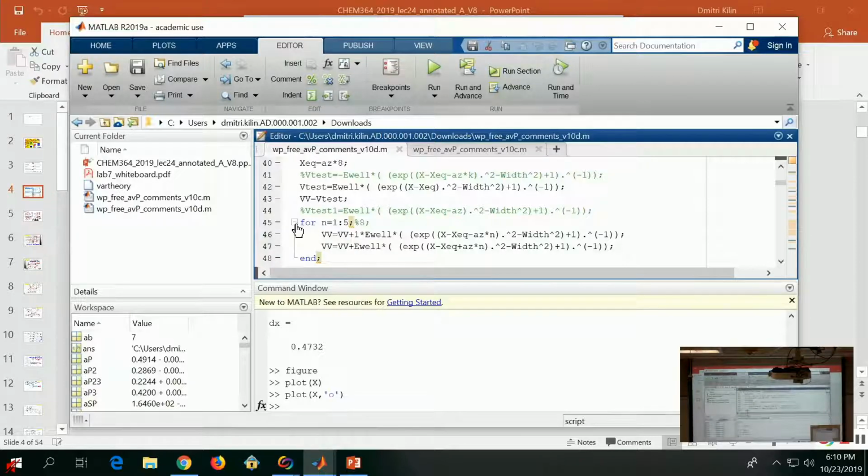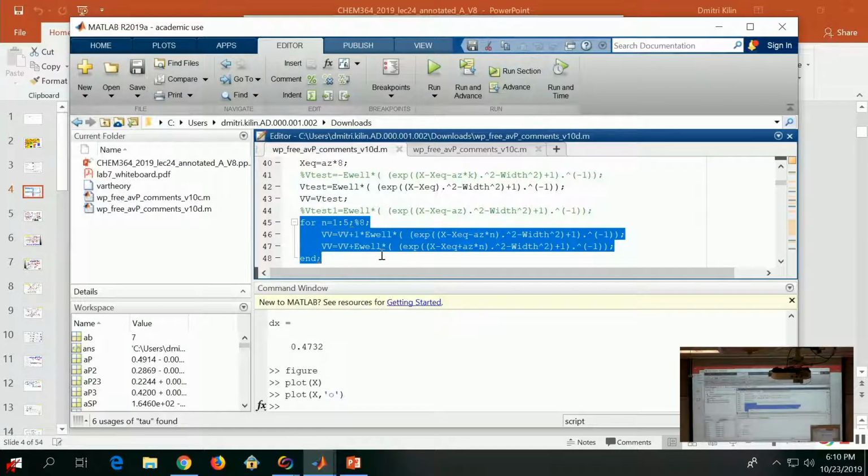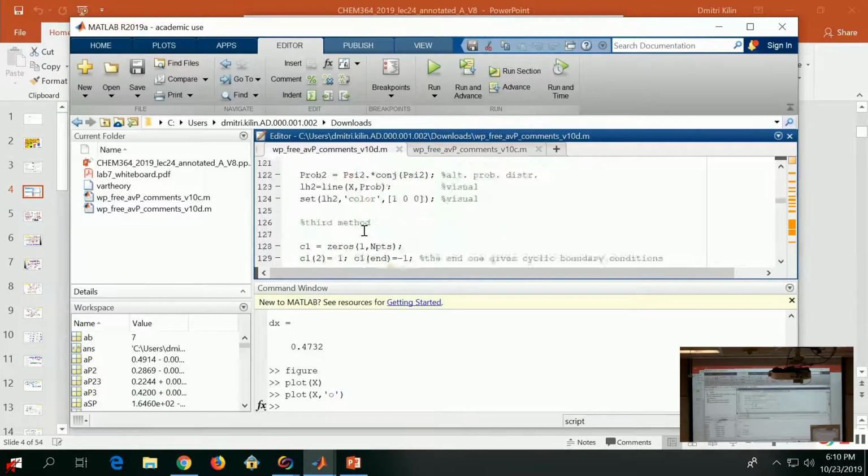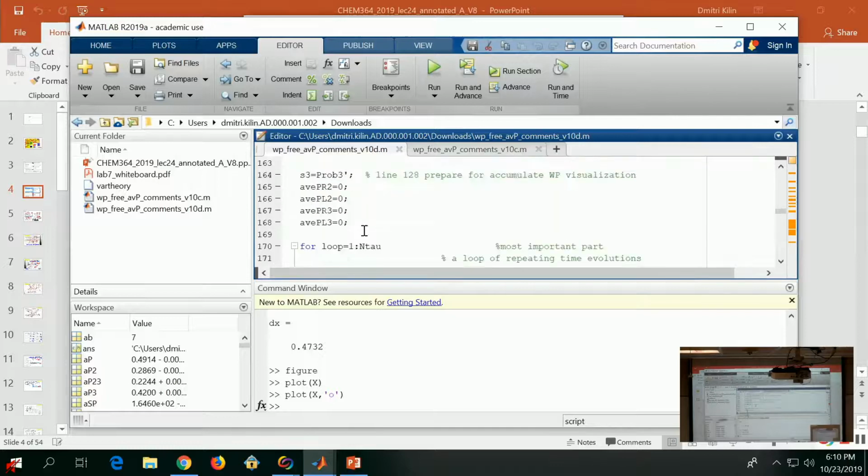Well, there is for and end, but there is nothing about time, right? Yeah, I'm thinking 170 now. Okay, let's go see what you found in 170. Yes, for loop equals 1 to n tau. And then what would be your interpretation of the variable n tau?